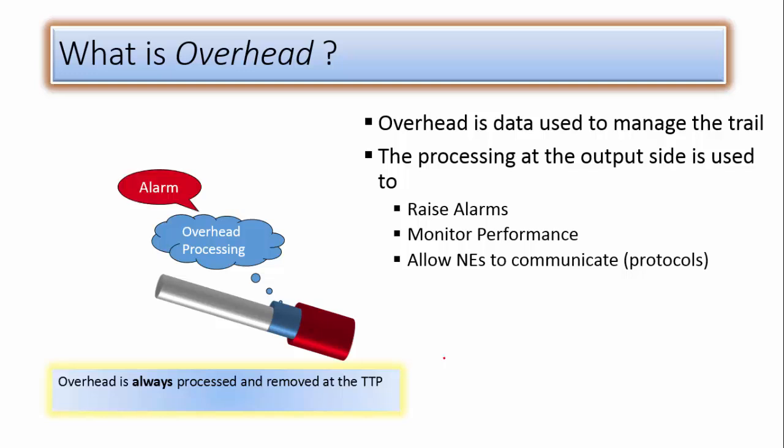The processing of overhead at the output side is used to raise alarms if found in my path layer, and to monitor performance if there are any errors across my path layer for my path trail.